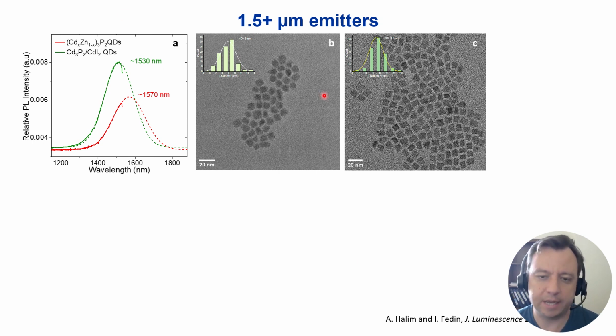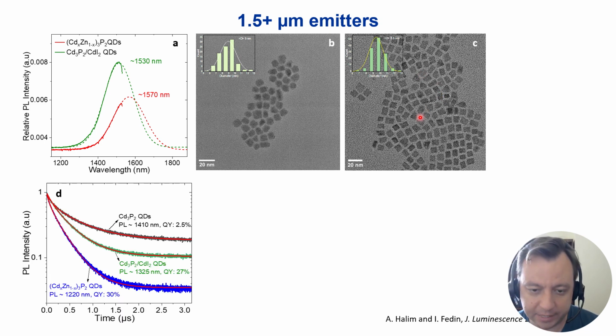This is an example of our reddest emitters: cadmium phosphide emitting at 1530 and cadmium zinc phosphide emitting at 1570. We see that they are quite faceted, cubic prismatic in shape.